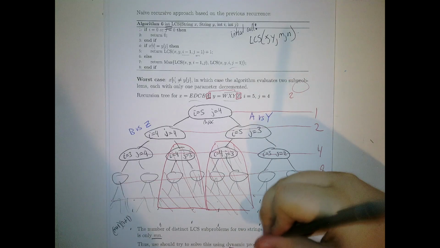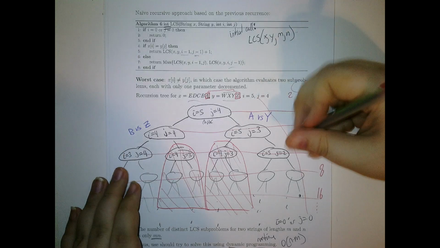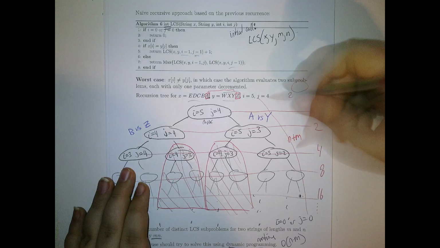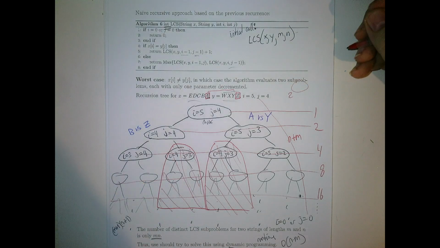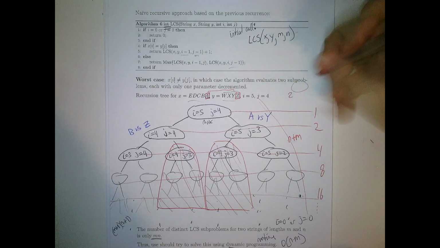So dynamic programming runtime will be this. What does the runtime end up being for this tree? Well, the height of your tree is determined by the worst case, which is n plus m, because you work both of them down in equal measure.